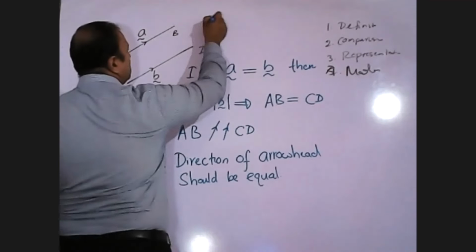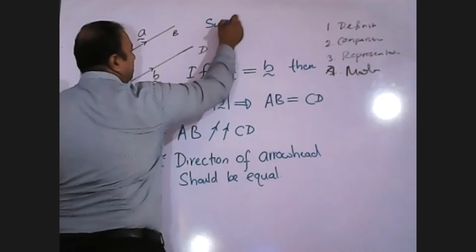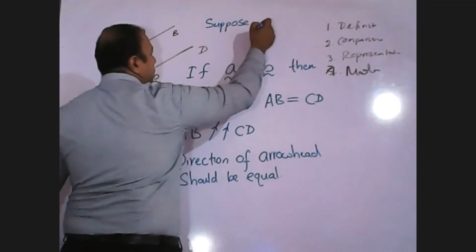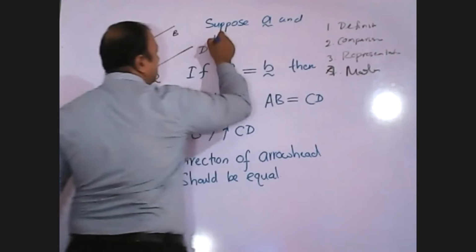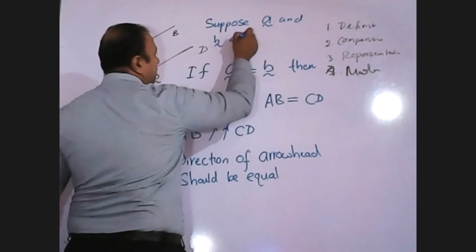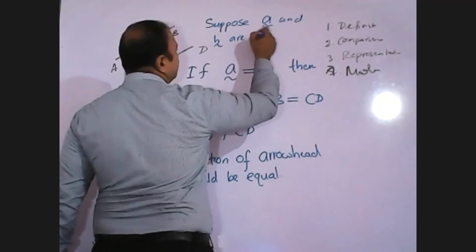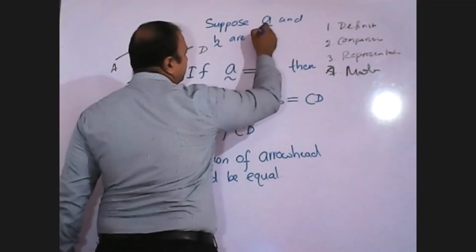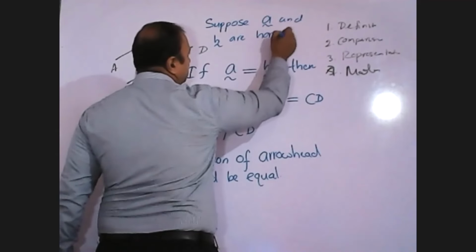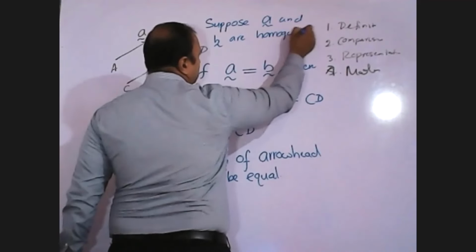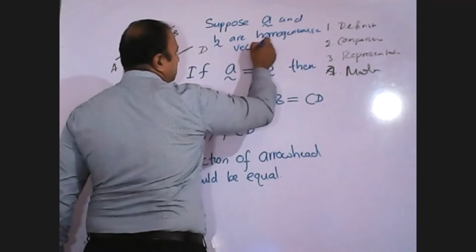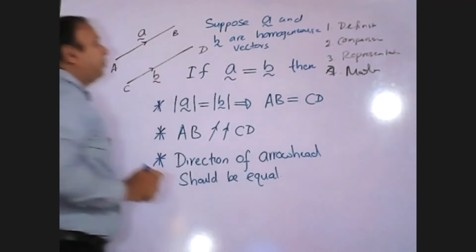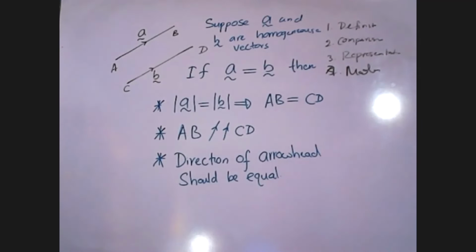Suppose A and B are homogeneous vectors.